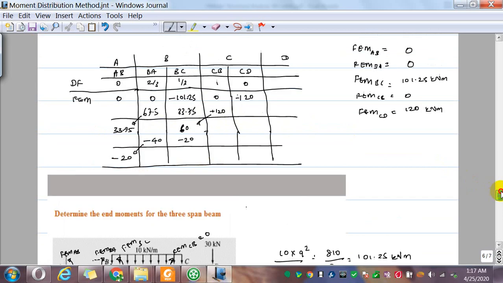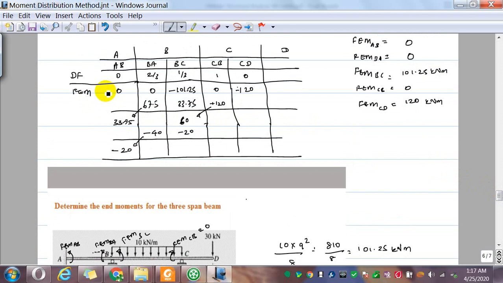So in the moment distribution method, we sum the entire moment. From here we sum everything and put it here. So it's 33.75 minus 20, that is 13.75. Here it is 67.5 minus 40, that is 27.5 plus.